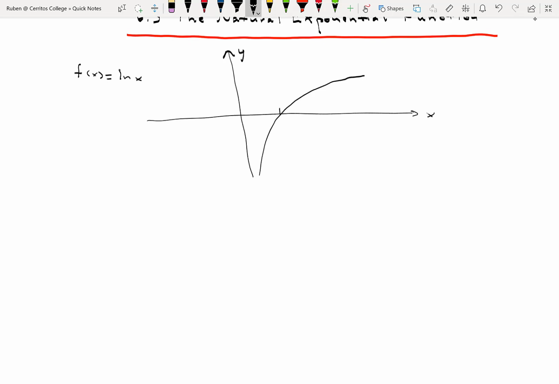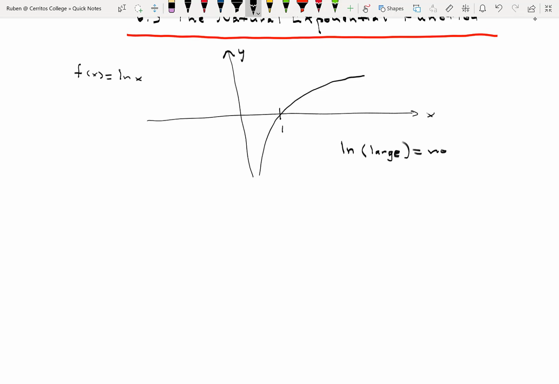Its graph looks like this, and a real important aspect of the graph is that it grows extremely slowly. I didn't mention it this way in our last video segment, but you can illustrate that by saying that the natural log of a very large number is not so large.